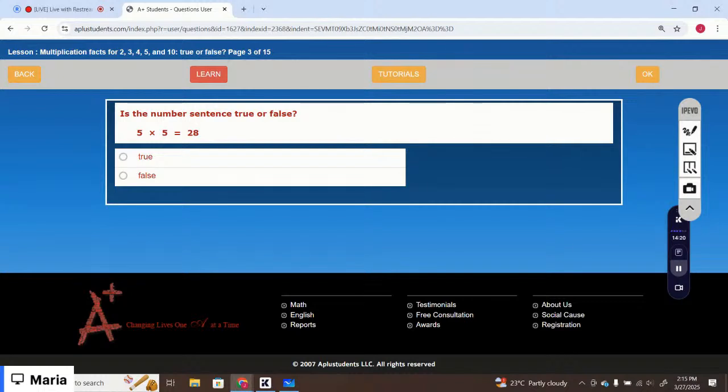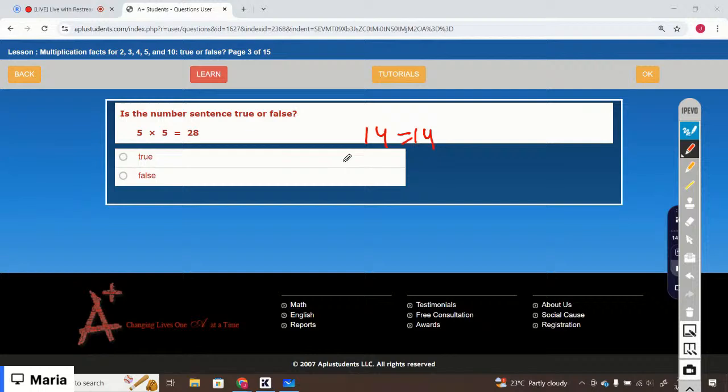Is the number sentence true or false? 5 times 5 equals 28. Is it true or false? 5 times 5 is 25 and 25 is not equal to 28.